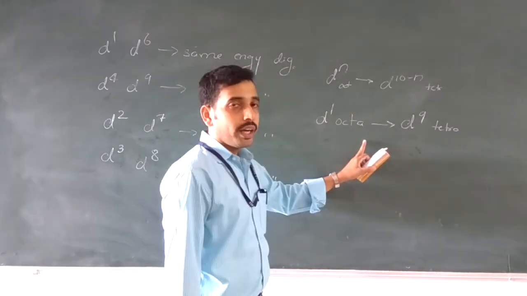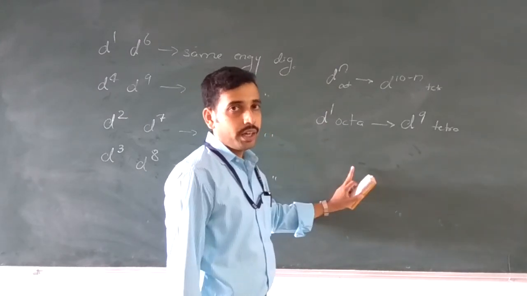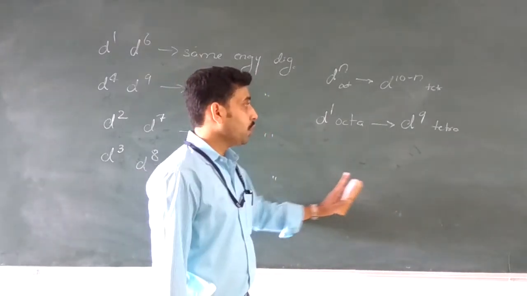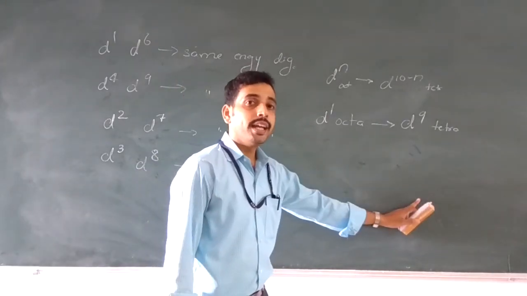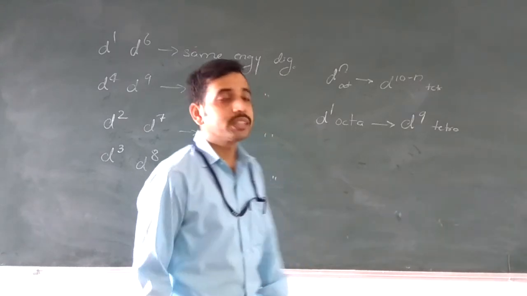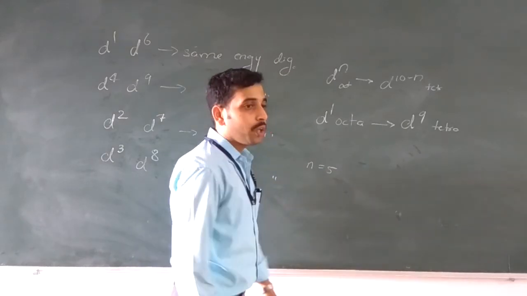Similarly, D2 octahedral, D8 tetrahedral; D3 octahedral, D7 tetrahedral; D4 octahedral, D6 tetrahedral. Clear? Here D5, suppose we consider n equal to 5, n plus or minus 5.